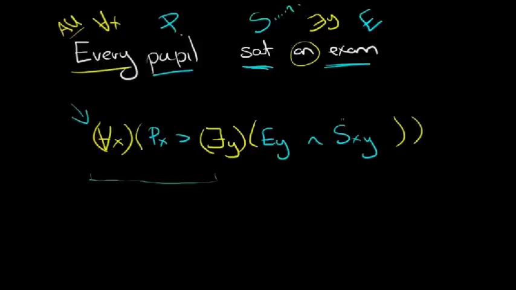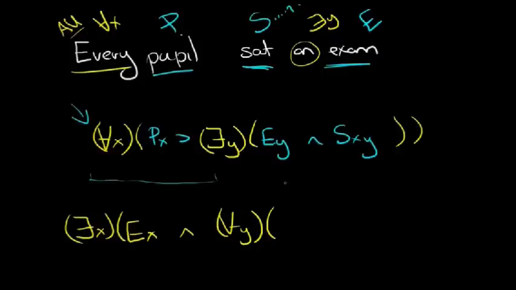So let's think about how we'd say that. We want to say there exists an exam. So there exists an x such that x is an exam, and then we want to say that every pupil sat it. So we'll say and for all y, again, every pupil sat this thing. That's the same kind of every F is G, right? So every y is such that if it has the property of being a pupil, then it has the property of sitting.